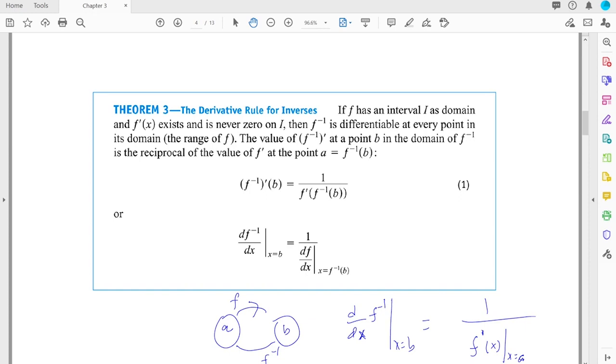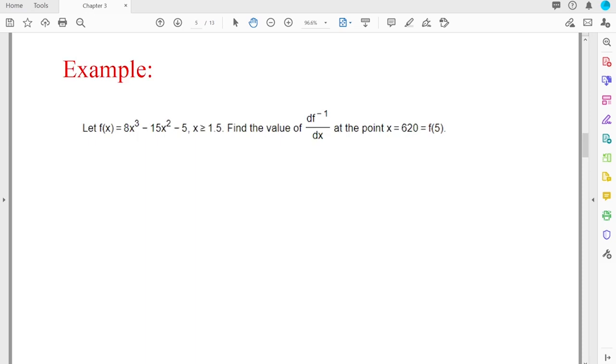Let's see one example here. Here is the function we have been given. We would like to find the derivative of the inverse of this function at point 620. So here is the function f, that's the value of the function, and when x is 5, the value of the function would be 620.